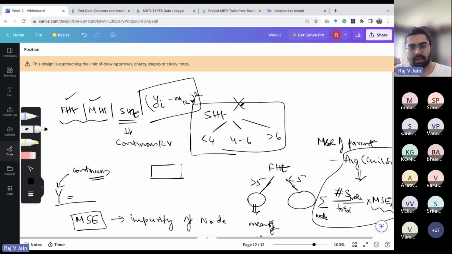Going forward, in the next lecture, we'll see the one you mentioned using sigmoid, logistic regression, which is used for classification. Hopefully they will cover it; otherwise, I'll mention it in the class. And then we'll also look at random forest, a very well-known algorithm for regression as well as classification, which builds on decision trees.